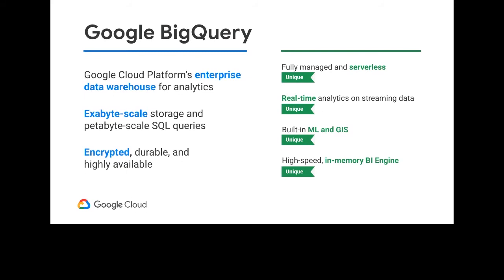You can get real-time analytics on streaming data, which I think is unique to Google Cloud. You can run your machine learning related queries and make something meaningful out of it. The best thing about BigQuery is that when you run queries, the time it takes to give you the results is very quick, within seconds.